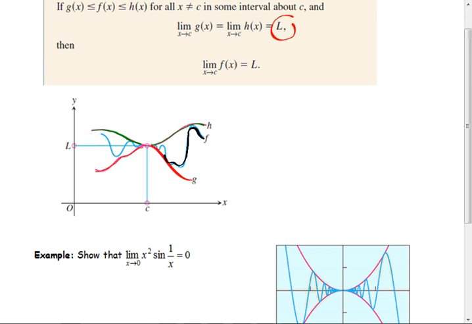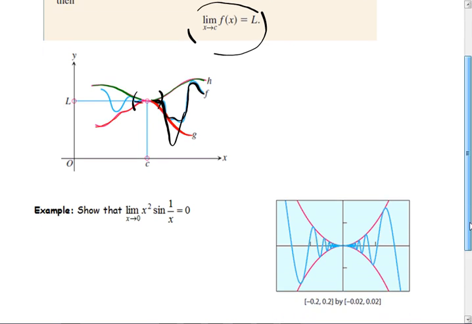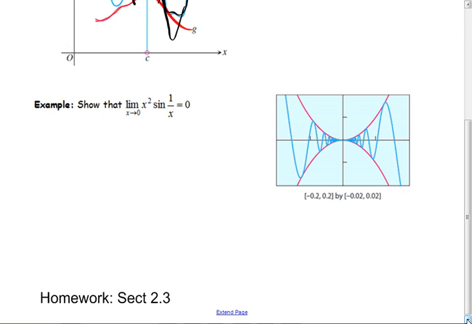That's why they call it the sandwich theorem. It could have even dropped out like this. Who cares? All we're looking at is the neighborhood of C. But I know that F is between G and H at that value. Well, then what's the value of F going to be? Sometimes you can find the limits of G and H easily, and you know that F is between them, but you can't find that limit easily.